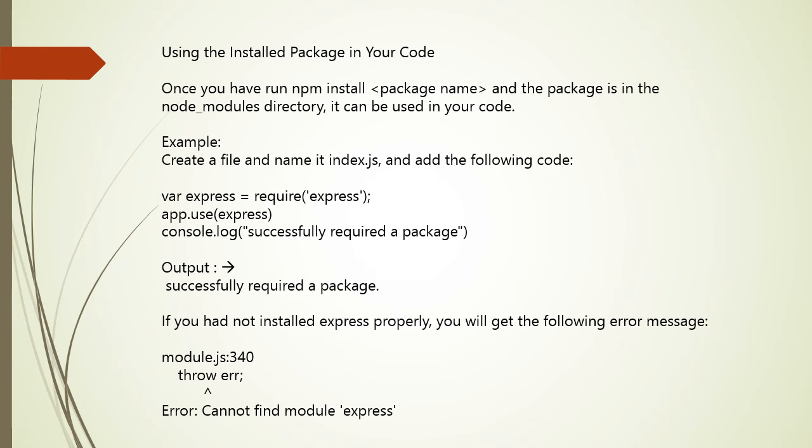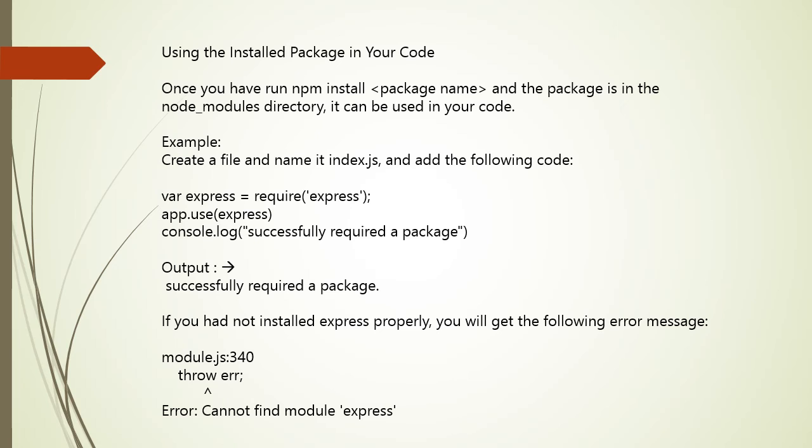Using the installed package in your code. Once you have run npm install package-name and the package is in the node_modules directory, it can be used in your code. For example, when you are creating a Node.js module, you can use require to access it.